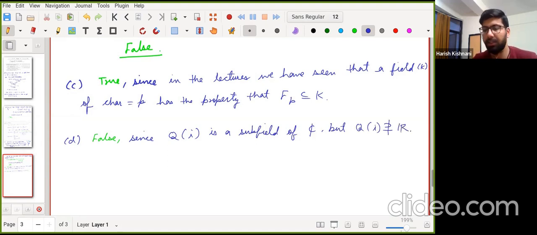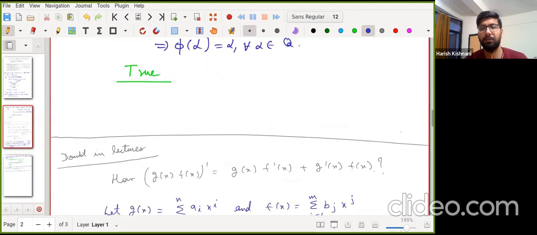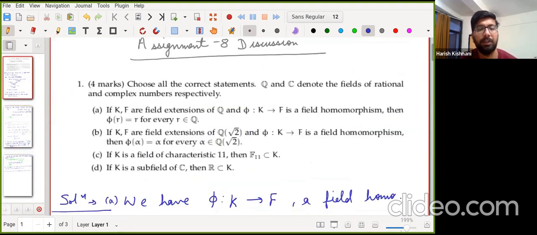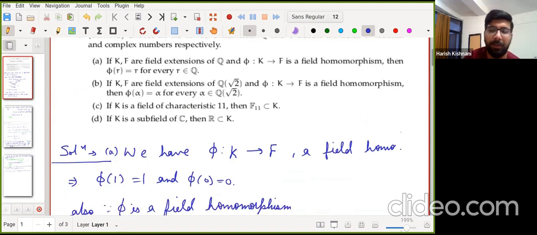So that's what we were expecting. That's what the question says, whether it contains R or not. So it doesn't contain it. It is not necessarily true that it contains R.